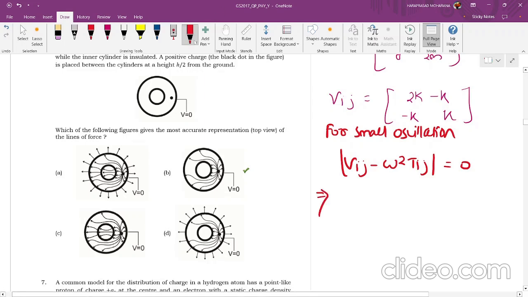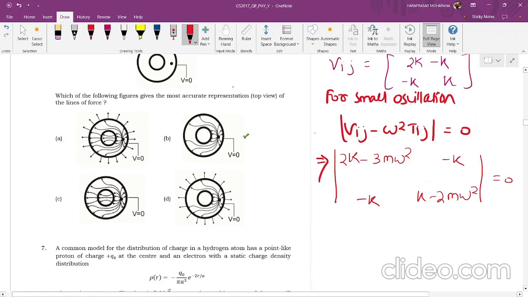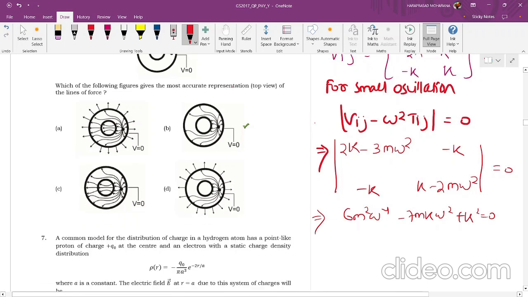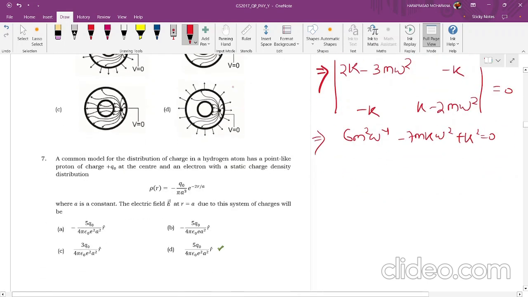So the matrix will be 2k minus 3m omega square, minus k, minus k, k minus 2m omega square, and its determinant. By solving this matrix, we will get the equation 6m square omega to the fourth minus 7mk omega square plus k square equal to 0, isn't it?